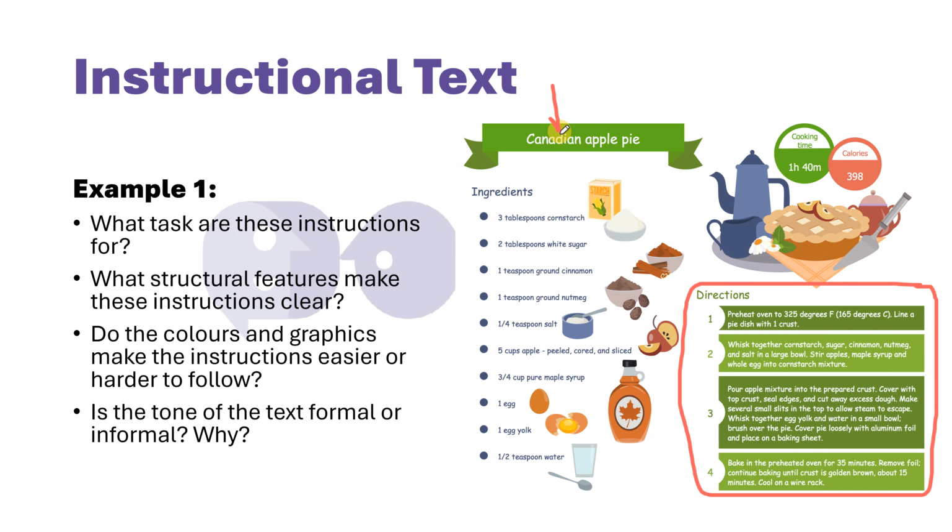Next, we have our directions, clearly separated by nice green boxes that correspond to the green of our title, which is a nice way to link it all together. And of course, numbered as well in a step-by-step fashion. And finally, a helpful little infographic at the top here, the cooking time and how many calories. I don't know if that is per slice or for the whole thing, but still helpful nonetheless.